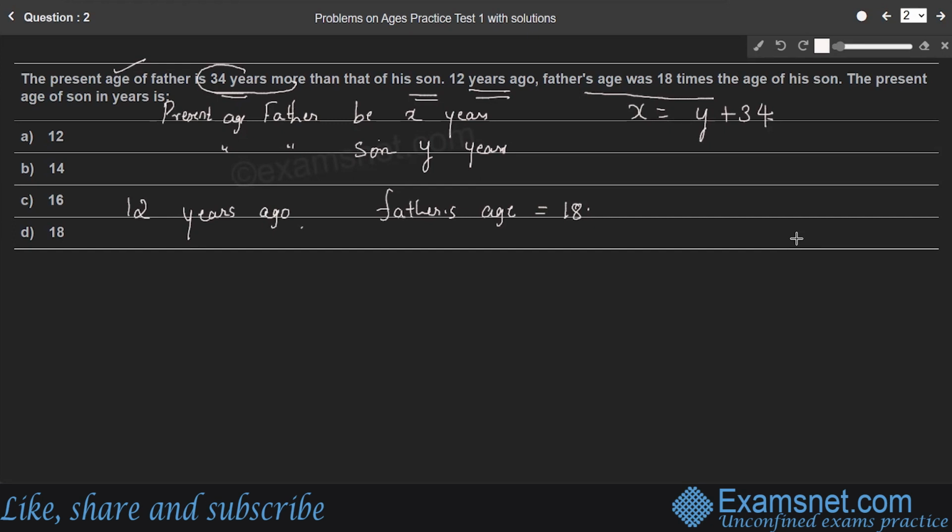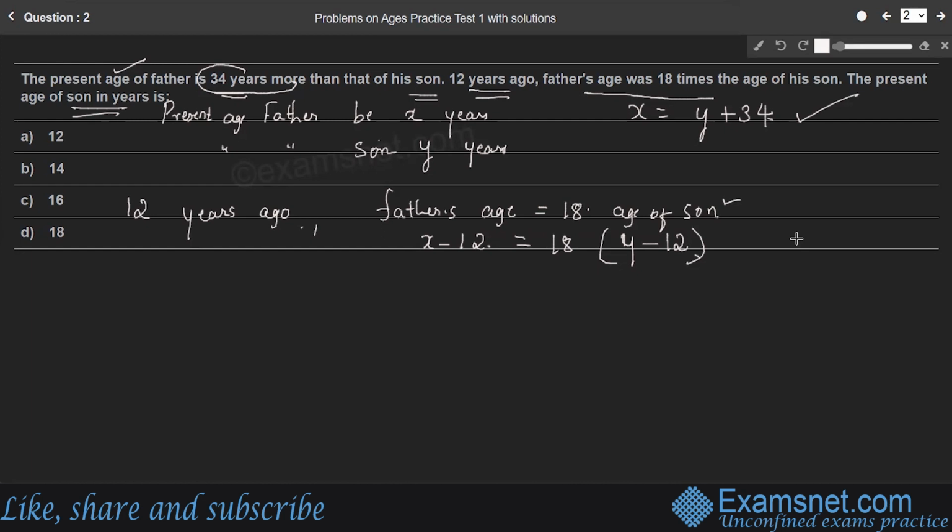So father's age 12 years ago will be x minus 12, and 18 times the age of his son 12 years ago, which was y minus 12. So it is 18 into (y minus 12). We need the present age of his son, so here x is y plus 34.